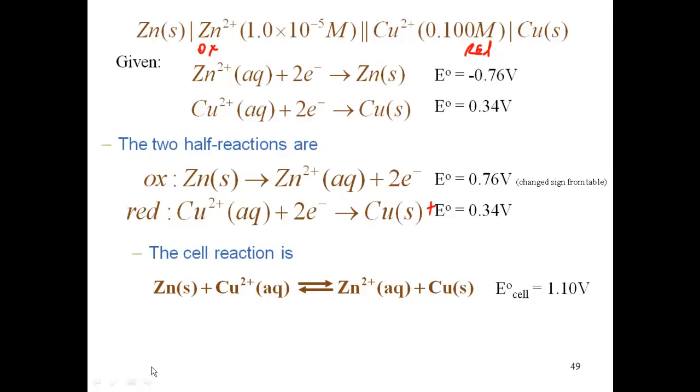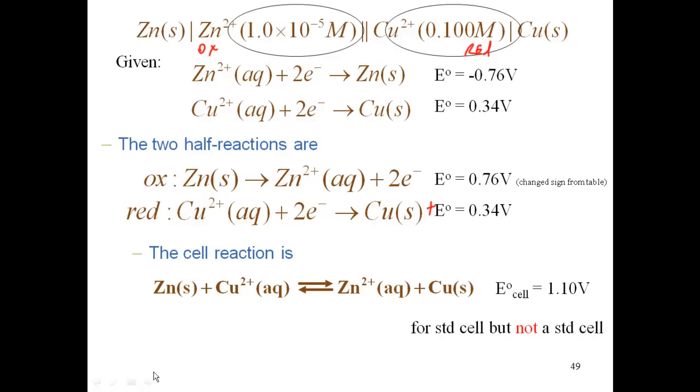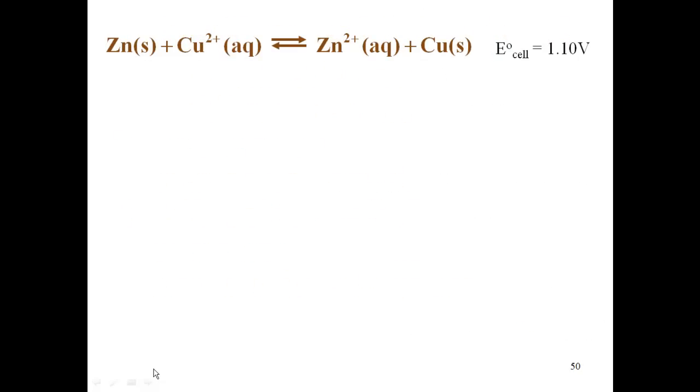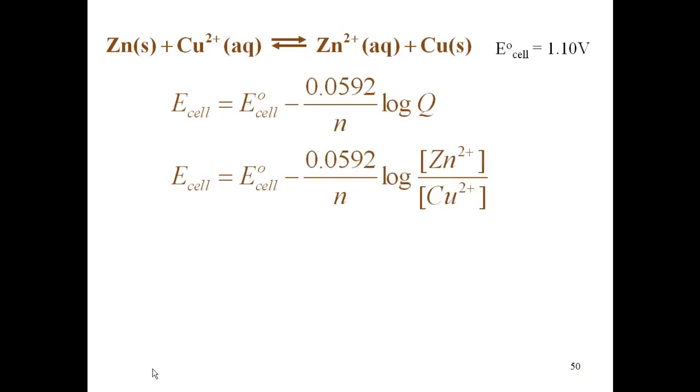However, this is not a standard cell. We have other than 1 molarity concentrations, so we're going to have to use the Nernst equation to calculate the potential of that non-standard cell. So we use our Nernst equation, which is E of the cell equal to E naught of the cell, meaning your standard potential, where your E of the cell is your non-standard, minus 0.0592 divided by n times the log of Q, which would be your products, the concentration of your zinc 2+ to the first power, because it has a coefficient of 1.